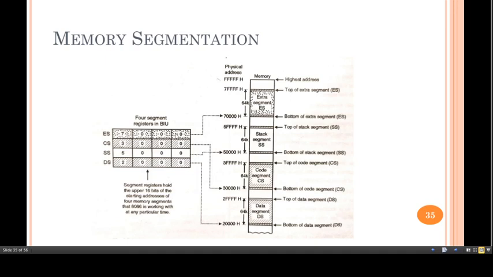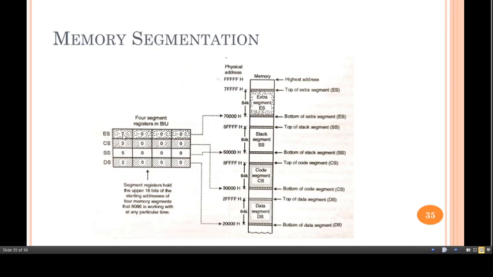So these are holding the upper 16 bits from the address. Now if you observe, the address is 20000H and here it is FFFFH. Okay, so only the upper 16 bits, means 2000, this many bits are present in the segment register.